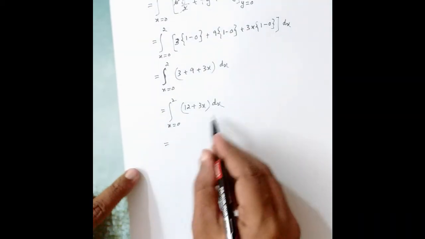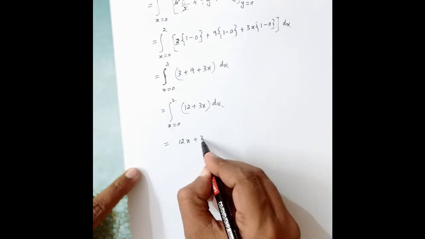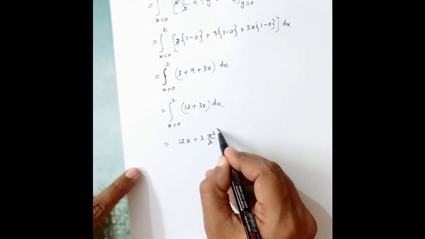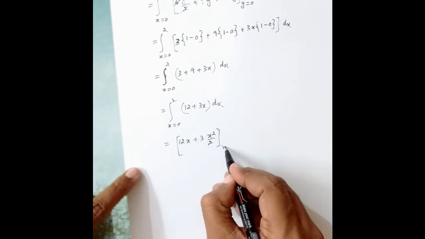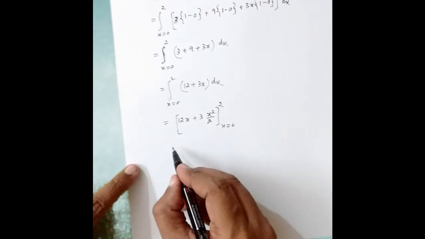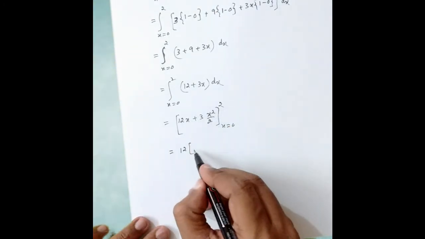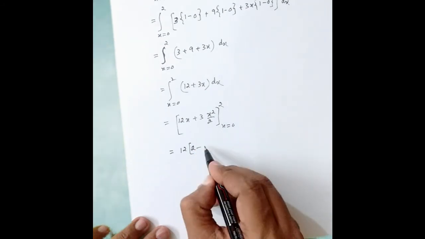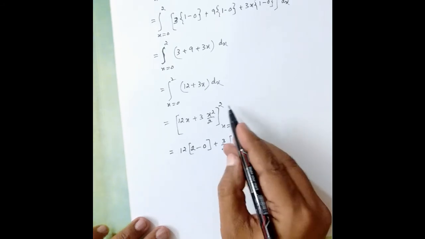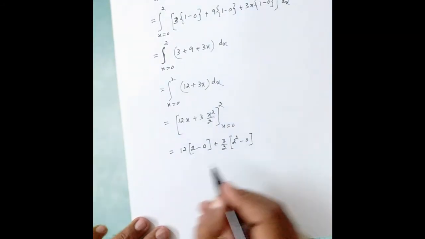Now integrate with respect to x. 12 as it is, integration of dx will be x, plus 3 times of integral of x will be x square by 2. Limit values will be x is equals to 0 to 2. So let us simplify this one, which will be equals to 12 times of upper limit value for x will be 2, lower limit value for x will be 0, plus you have 3 by 2, upper limit value for x will be 2, so 2 square, lower limit value will be 0.